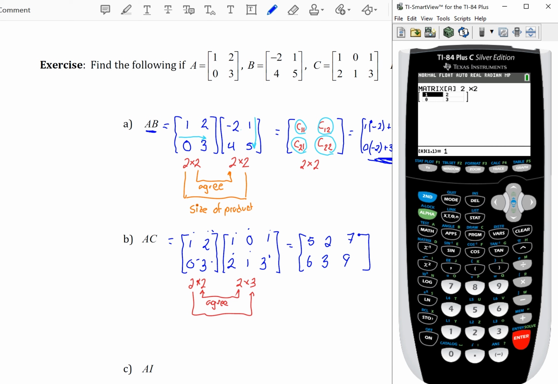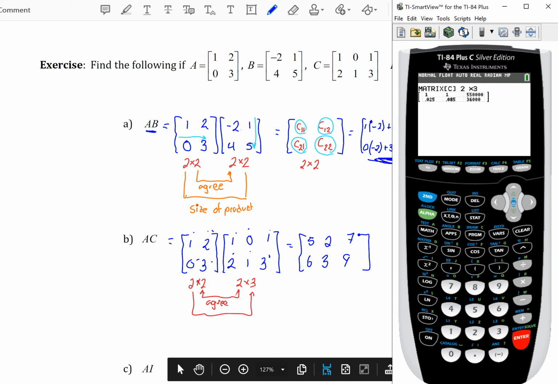Now let's enter the matrix C. So go back into second, matrix to get to your menu, arrow over to edit, and now let's change matrix C. Now I could put this in matrix B, but just to keep my labeling consistent, I'm going to put it in matrix C. And I want matrix C to be a 2 by 3 matrix, which it is.